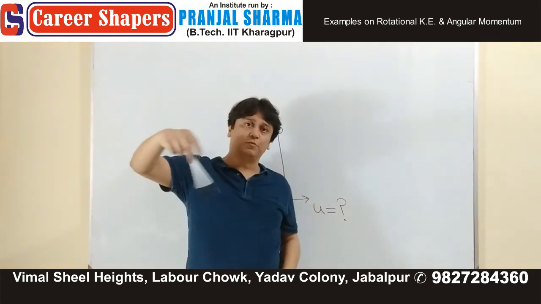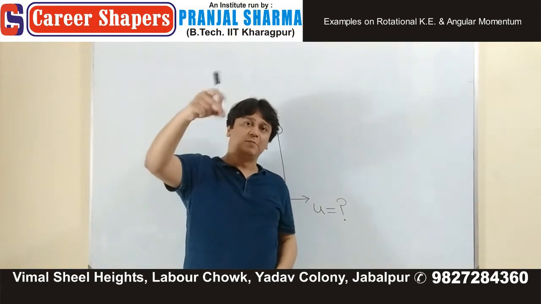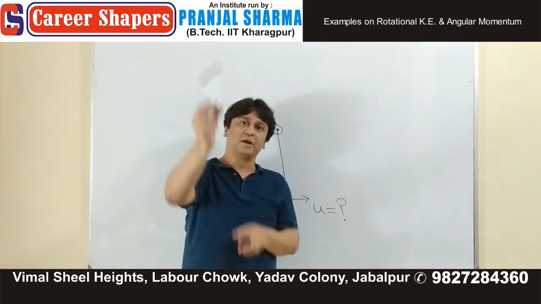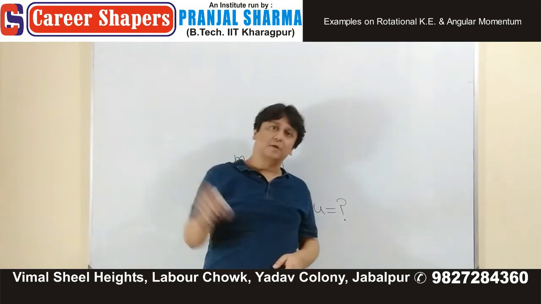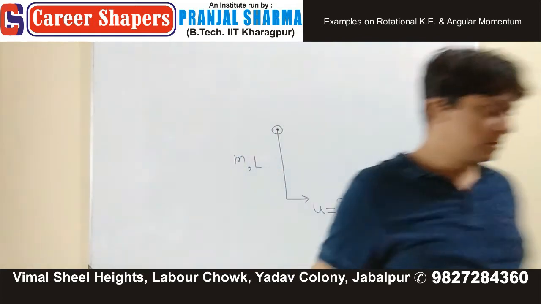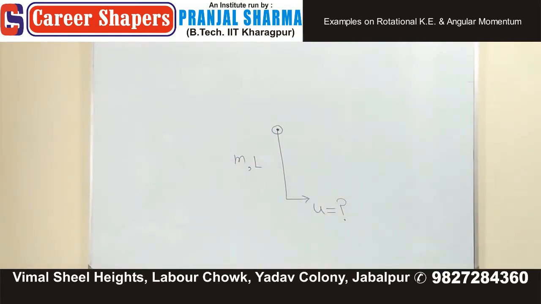You need to find the minimum u that should be given so that it can complete full rotation. Write down the question. Find out minimum u so that the rod can complete full rotation.